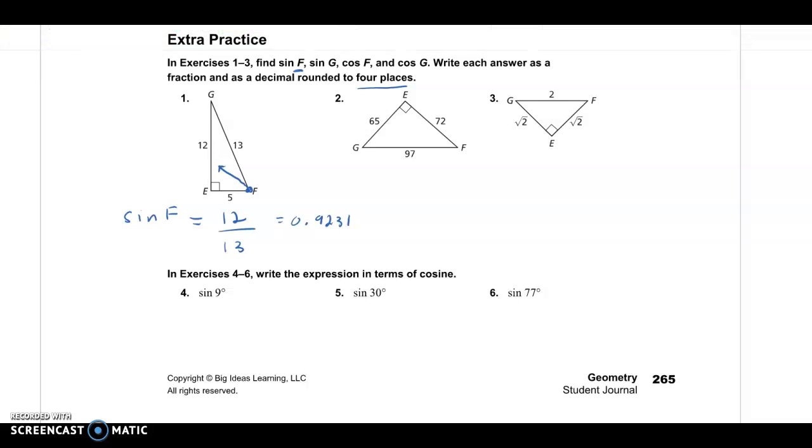Let's now do the cosine from F. The cosine is going to be that adjacent side to where F is, and that adjacent side is the 5. So if I'm going to talk about the cosine of F, it's going to be 5 over the hypotenuse, which is 13. Go to my calculator here.